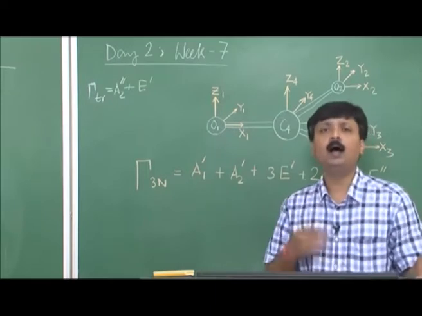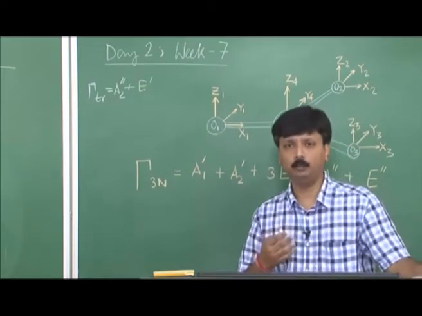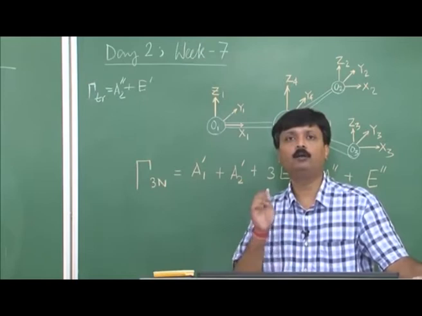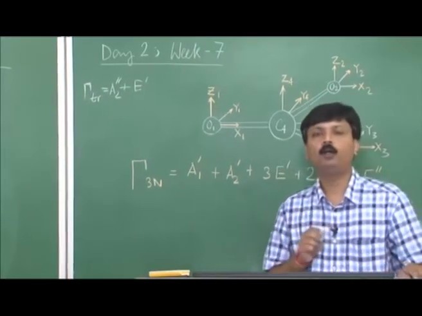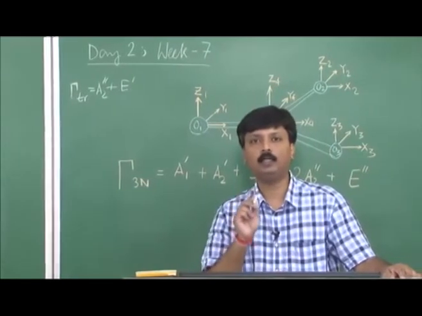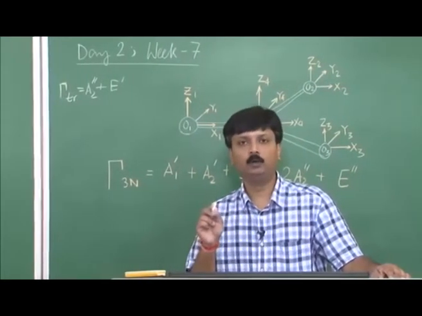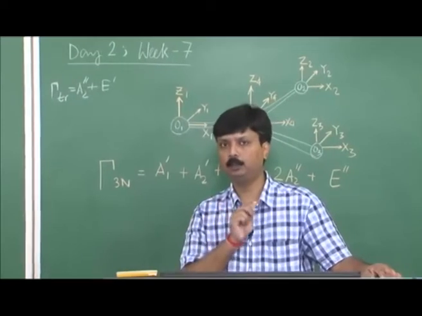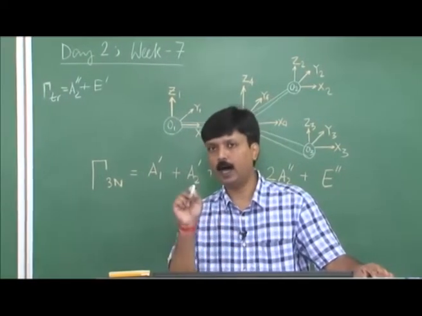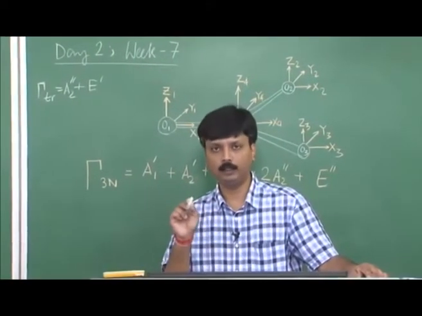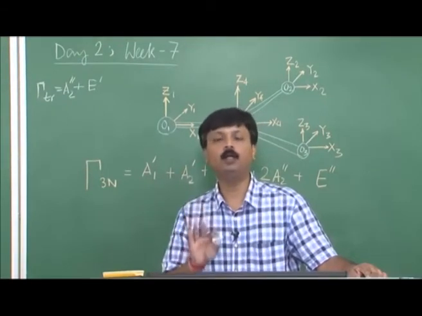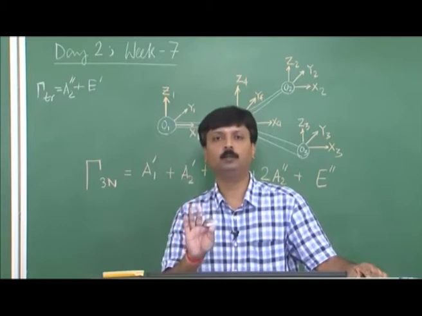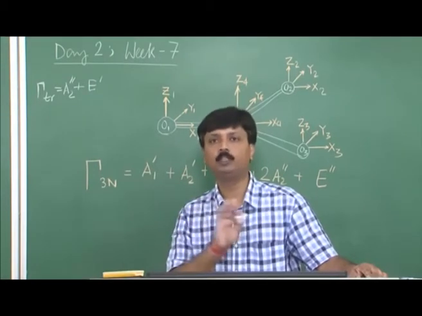Now similarly, I have to find out what are the irreducible representations for rotational motion. So again, if I look at the character table, we look for the functions Rx, Ry and Rz. We have to find out which irreducible representation has Rx or Ry or Rz. Find out those irreducible representations and you have got the irreducible representations for rotational motion.